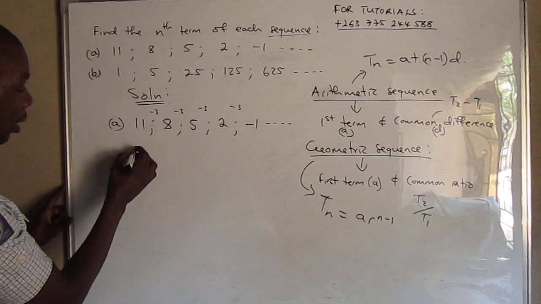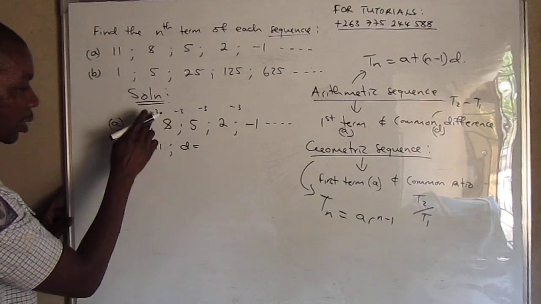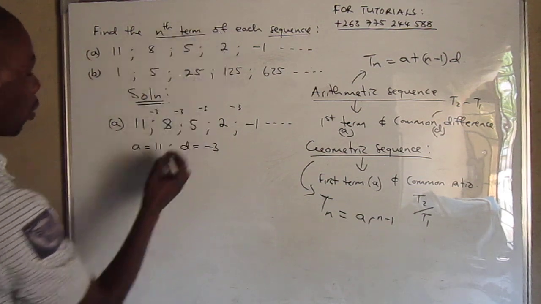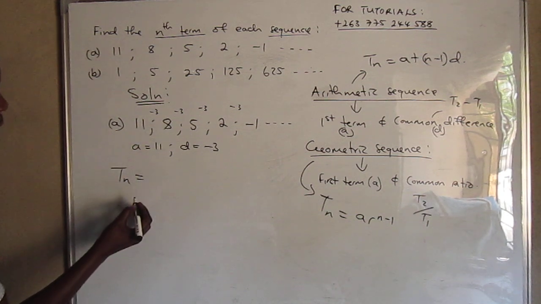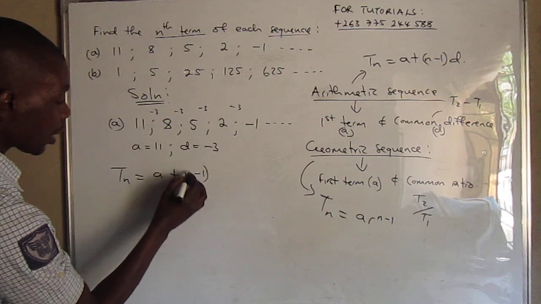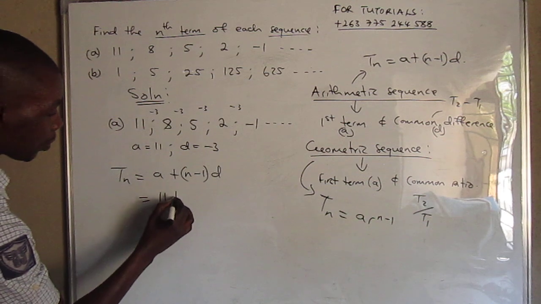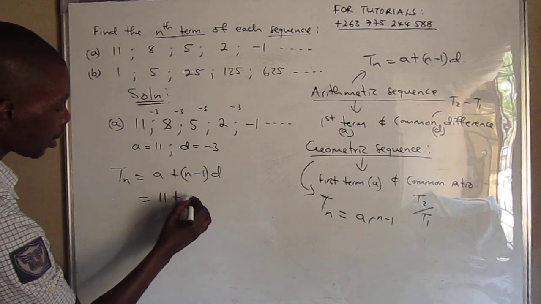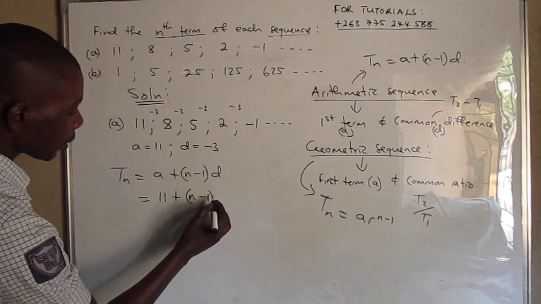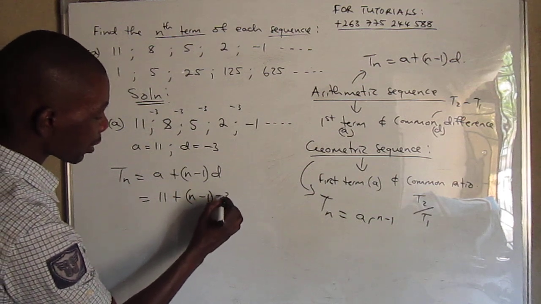Therefore, A is equal to 11 and D, our common difference, is negative 3. So to find the nth term now, we say Tn is equal to A plus n minus 1 times D, which is equal to 11 plus n minus 1 times negative 3.